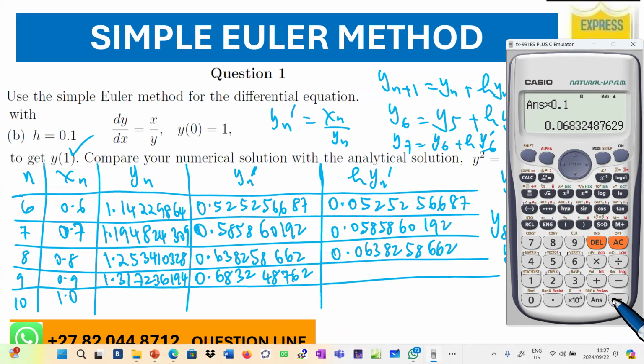We're getting 0.06. So it's going to be 0.06 for the y9 term: 0.06832487762.